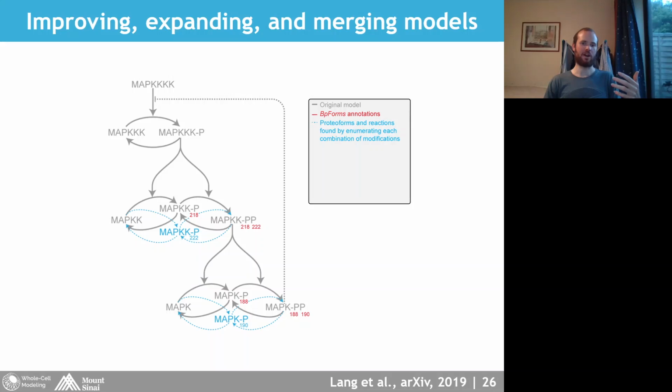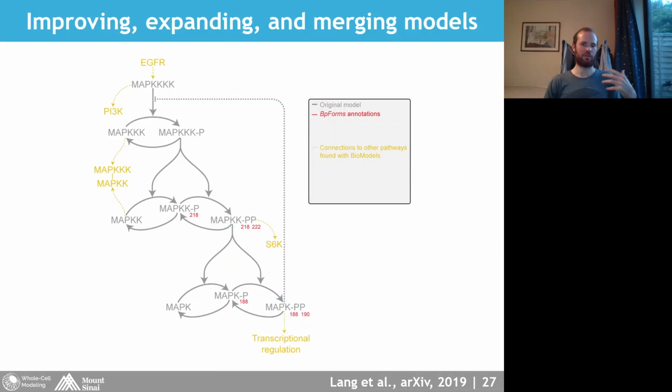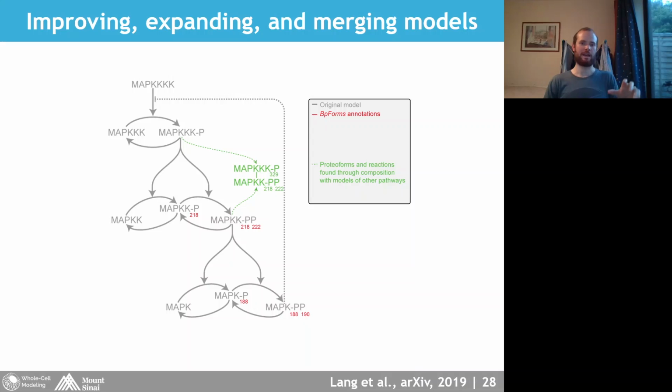And you might figure out that you have left out a certain species and a certain reaction. So you can extend your model by these species and reactions. If other users were also to use BpForms, it would be easier to merge models with other models. And through this merging, you may figure out that there are new proteoforms or new reactions that you discover.